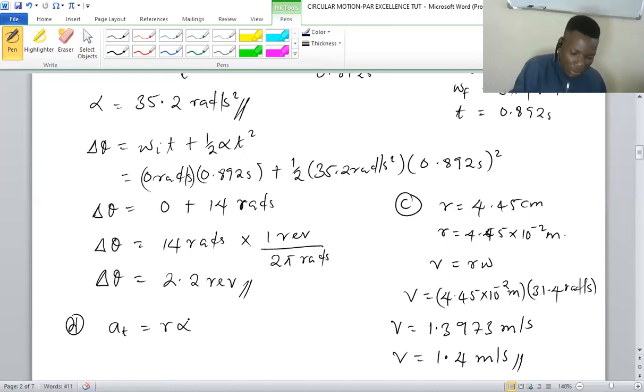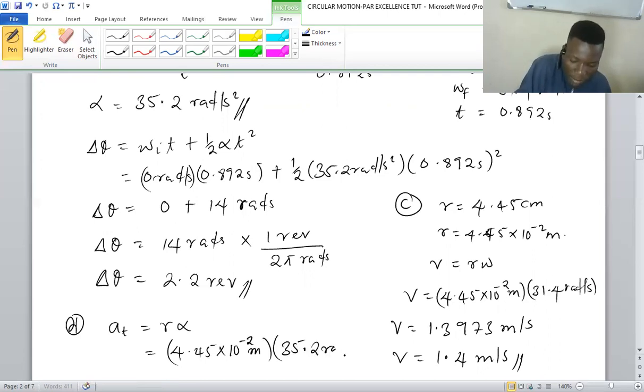We have already found the angular acceleration, and we have the radius, 4.45 by 10 to the power negative 2 meters, multiplying by the angular acceleration, which is 35.2 radian per square second.